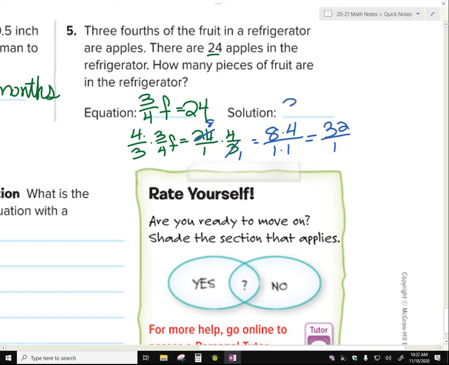So there's 32 pieces of fruit. 34 pieces of fruit. Yeah. What did I just say, 34? I said 34? Sorry. I turned away.